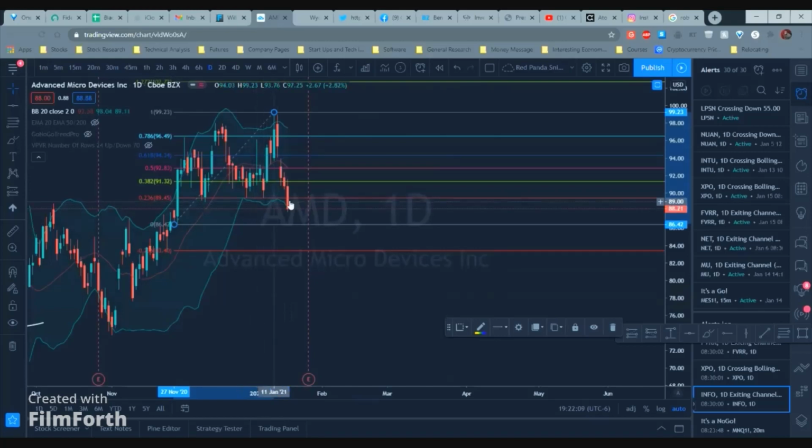Because you could say price broke through the band. It's also at a support level, and it's also at the 23 level of the Fibonacci.